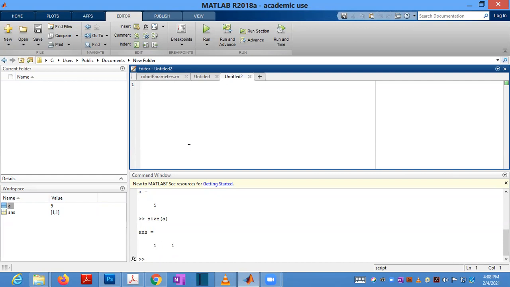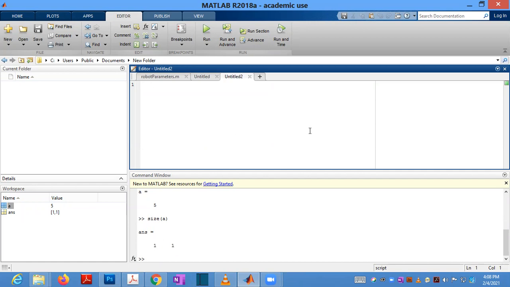So you have to use an underscore or something else. You cannot use a gap. That is the simple thing. If you use a gap, MATLAB won't accept it when saving. Right?